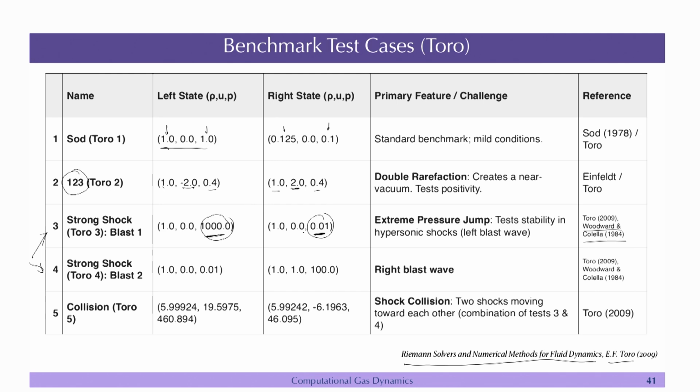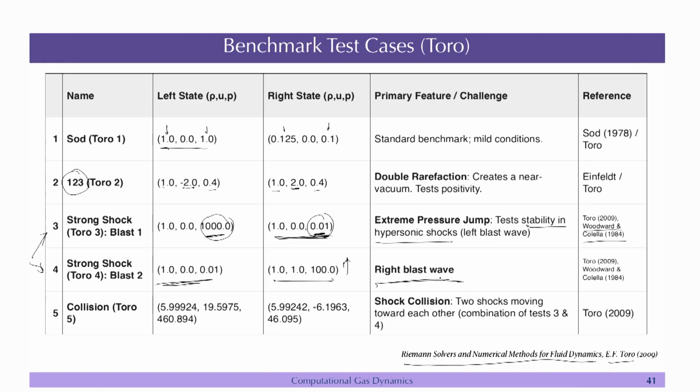So, it will create a very strong shock, and this tests the stability in hypersonic shocks. This is the left blast wave, and the second case is an extension of this. Now you take this case on the left, and then you put a jump in the pressure on the right. This is the right blast wave.